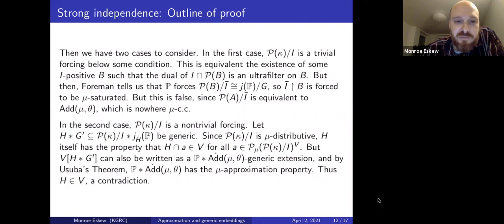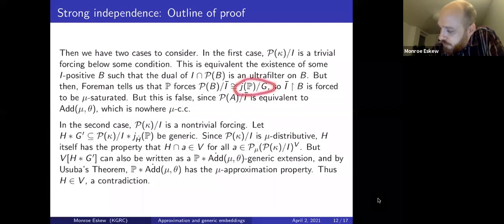Well, in that case, Fourman's duality theorem tells us that, as I mentioned, in this easy case where you can drop off a trivial forcing, the power set of this B mod the generated ideal is just J of P mod G. Now P was non-trivial and mu CC, right?